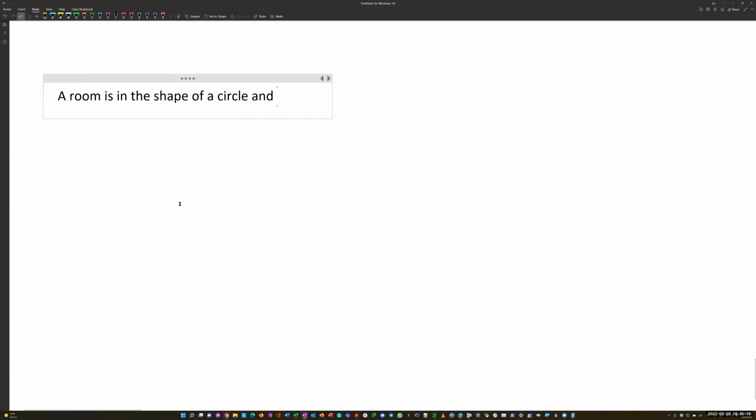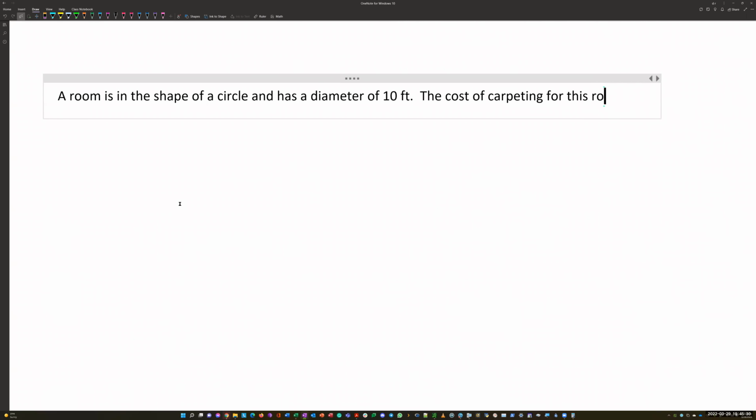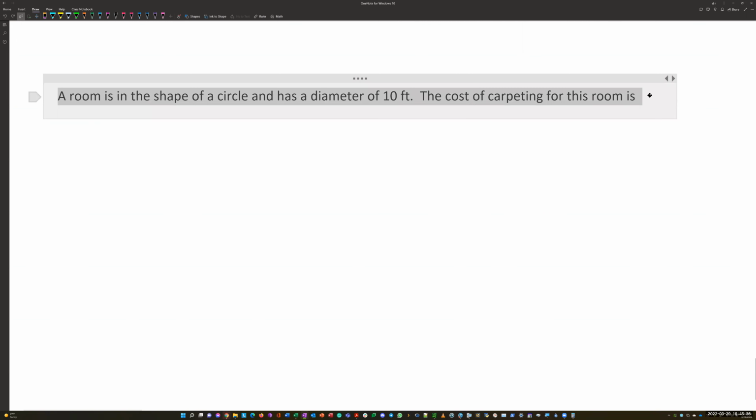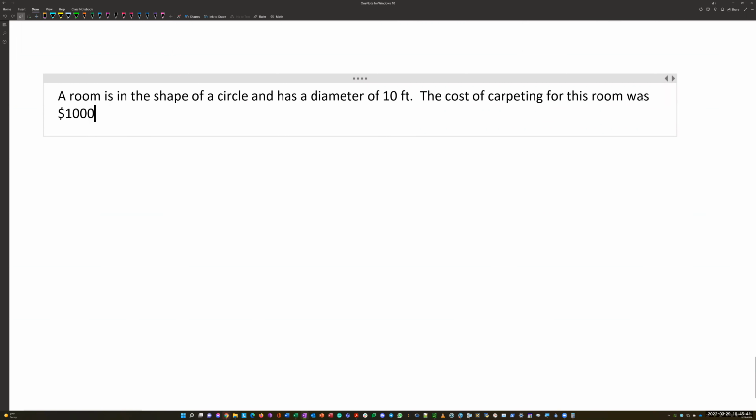And has a diameter of 10 feet. The cost of carpeting for this room is, or was, let's say, $1,000.